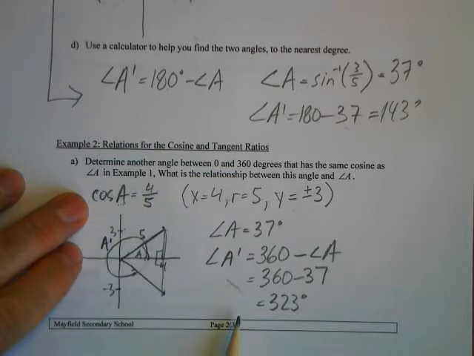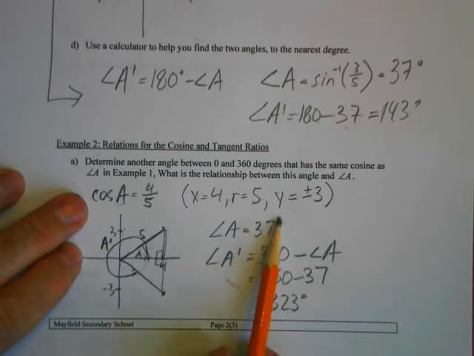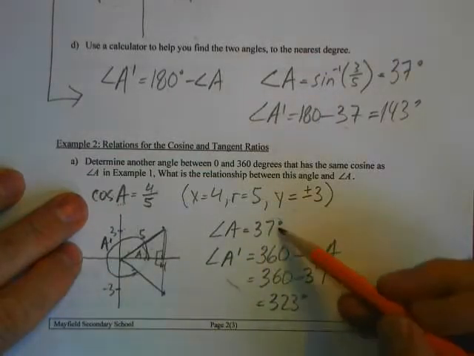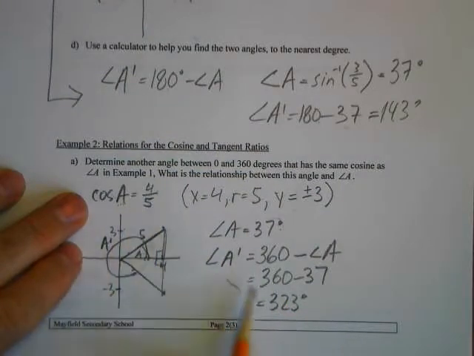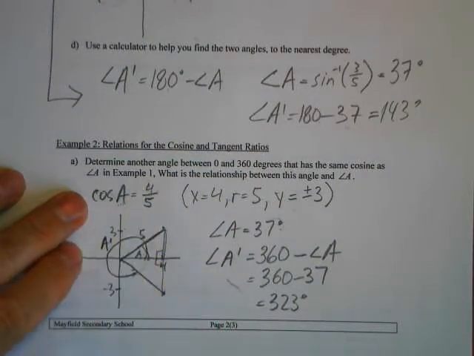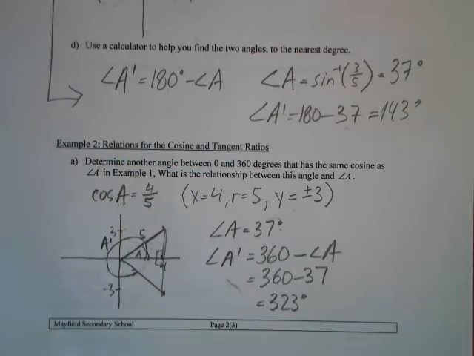It's going to be a little bit off, and the reason why is because we rounded our original angle A. Remember, it was 36.9 something something something. So if you did your check, you won't get exactly the original ratio value, but it will be very close. So that is one way of checking.